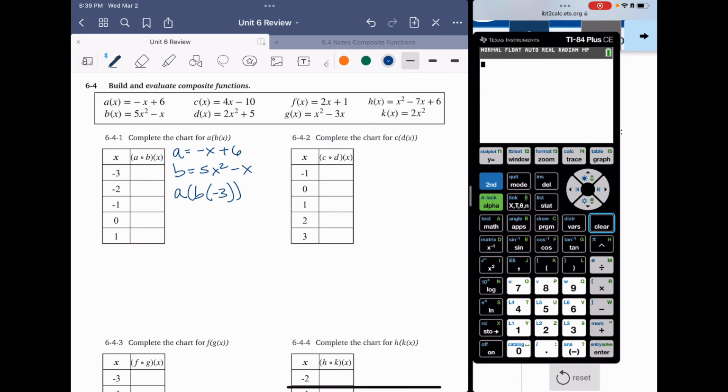So plugging it into b first, which is our inner function, we plug negative 3 into b and we get 5 times negative 3 squared minus negative 3. And so that will be 5 times 9, because negative 3 squared is a negative times a negative, which is a positive 9. And then minus negative 3 becomes plus 3. All right, 5 times 9 is 45, plus 3 equals 48. So that's our first step. We plugged our value into our inner equation, b, and we solved and we got 48.